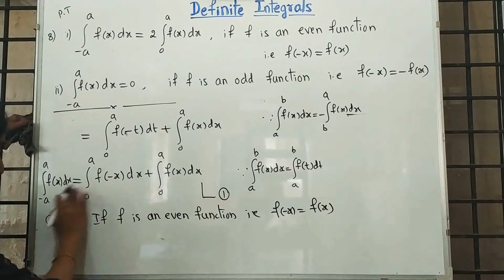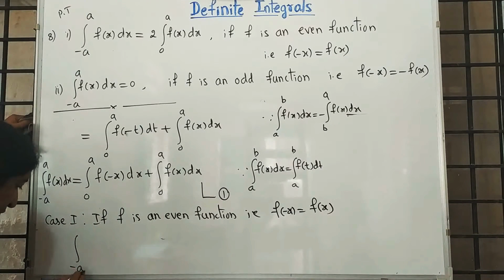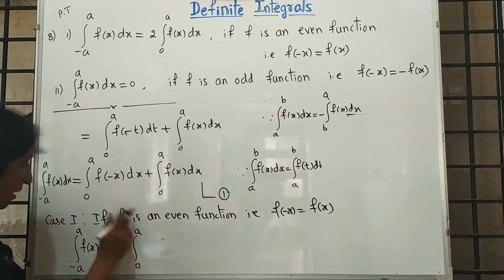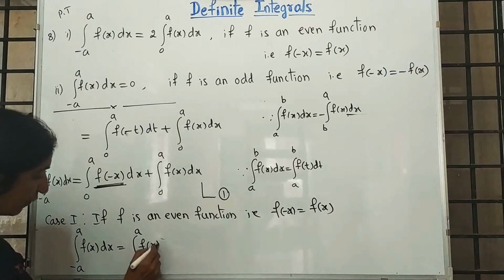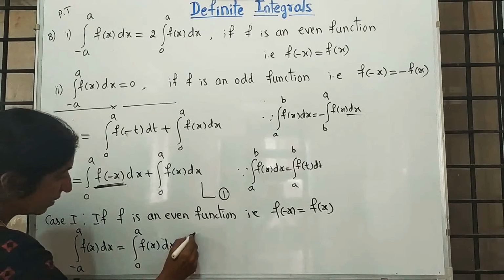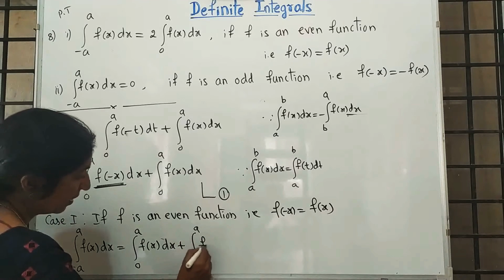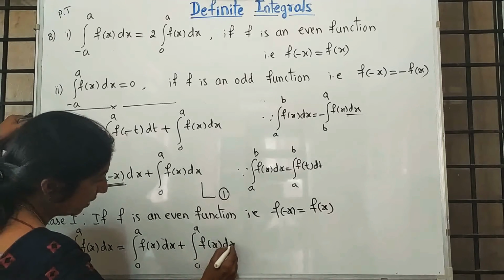So the given property is written as integration from minus a to a, f of x dx is equal to integral from 0 to a, where f of minus x is replaced by f of x, dx, plus integral from 0 to a, f of x dx.